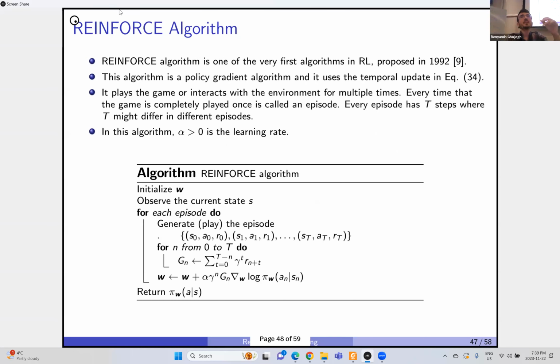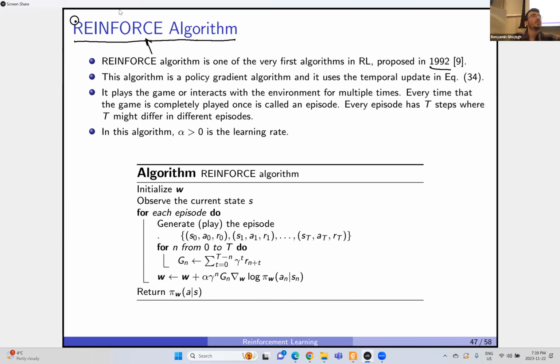There is a famous algorithm, one of the policy gradient algorithms. That is REINFORCE algorithm. Rumors say that this was the first algorithm in reinforcement learning. Okay. It was proposed in 1992. By the way, this REINFORCE, they wrote it in capital letters.